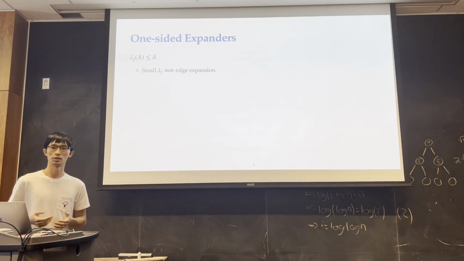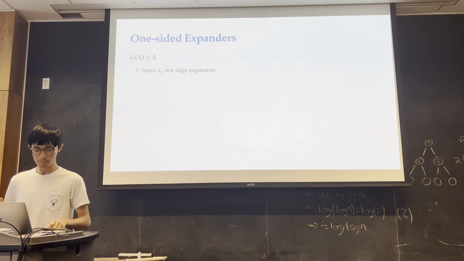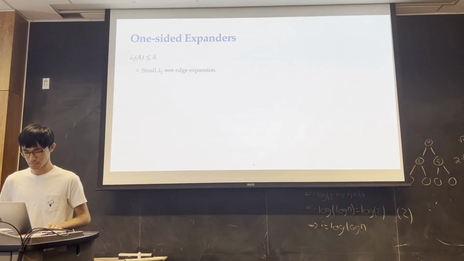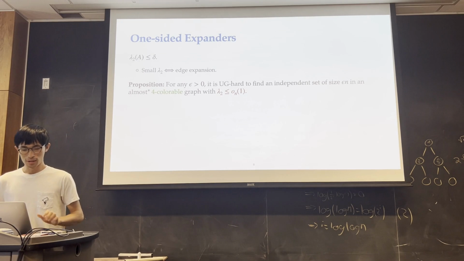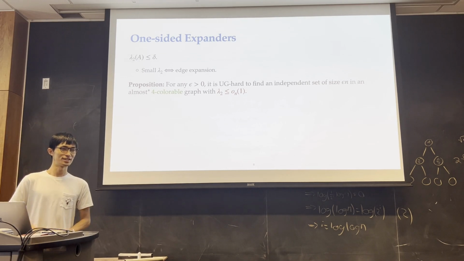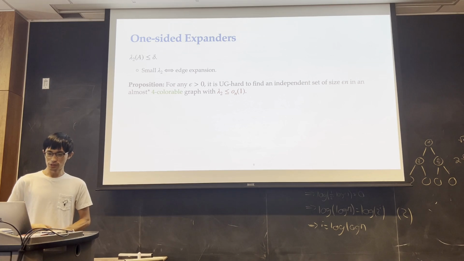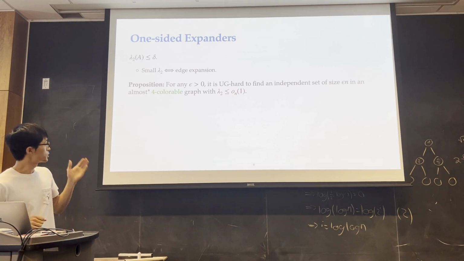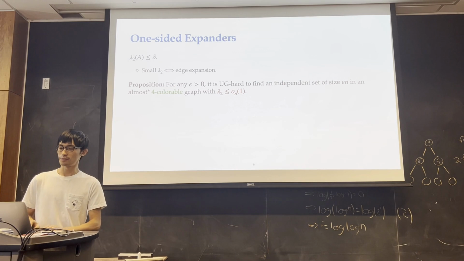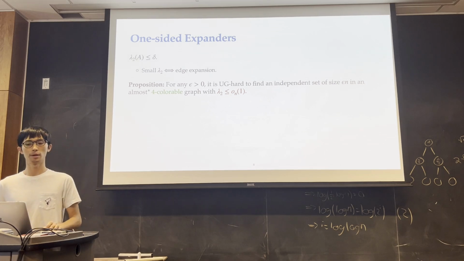Can we do better than the worst case hardness? So unfortunately, another hardness result. We show that assuming the Unique Games Conjecture, it's hard to find any linear sized independent set in an almost 4-colorable graph, even when lambda 2 is below little o of 1.